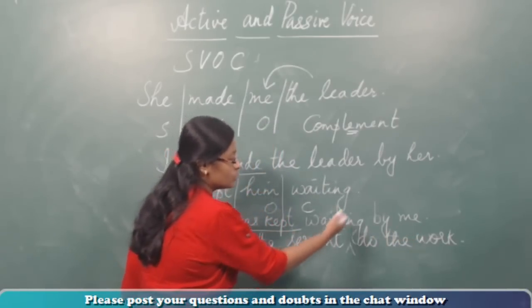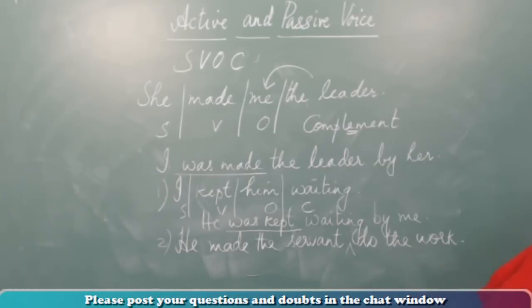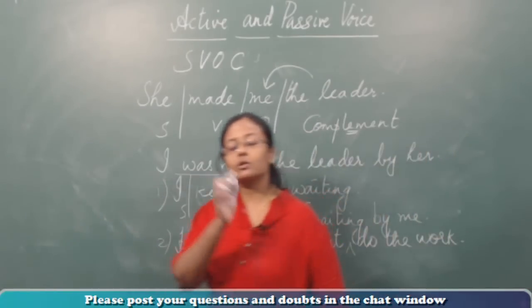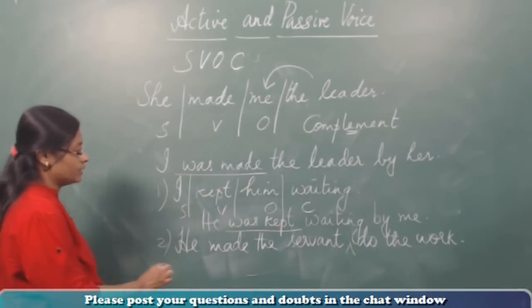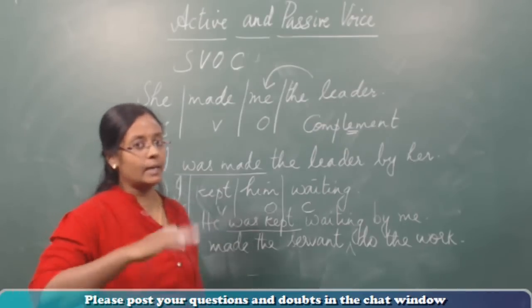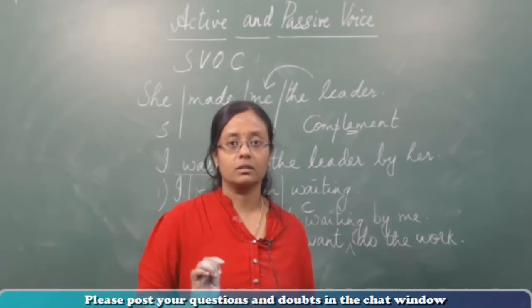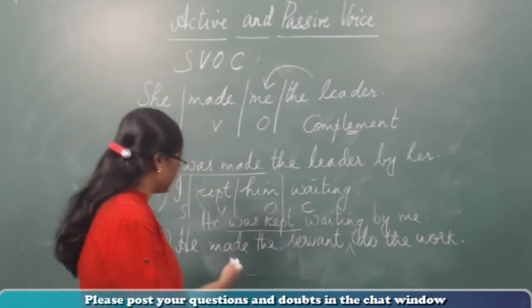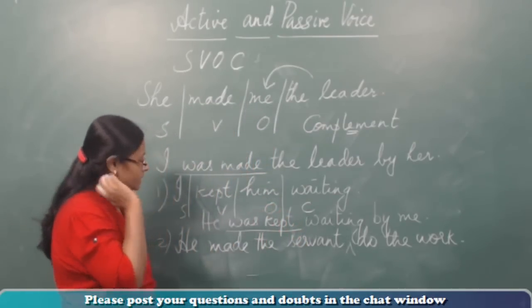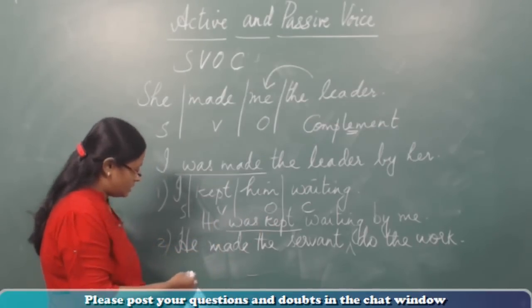He made the servant do the work. We call that a bare infinitive, an infinitive without the word "to" before it. After verbs like make, help, "help him learn" is right. It's not "help him to learn." After verbs like help, make, let, we don't use "to" before the infinitive.